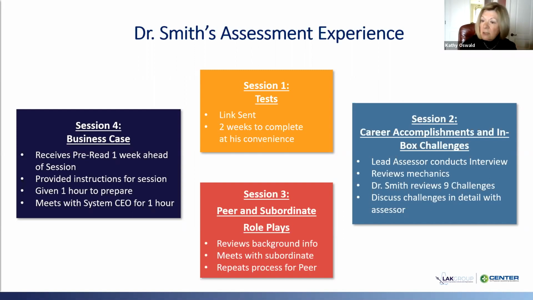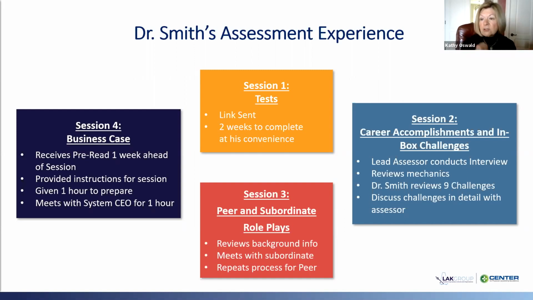The last is the longer session, and it's really a business case. We really recommend this for mid-level and executive level leaders, not for your entry level. But Dr. Smith received pre-reading 1 week prior to the session. It takes about an hour to read, maximum, but it gives a lot of background information, such as demographics, competitor information about the health system, et cetera.